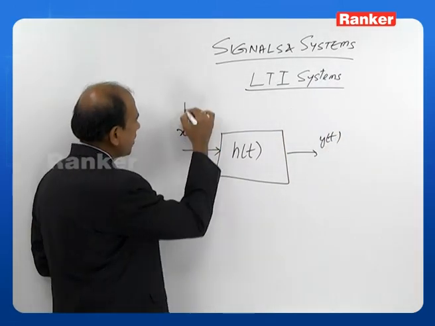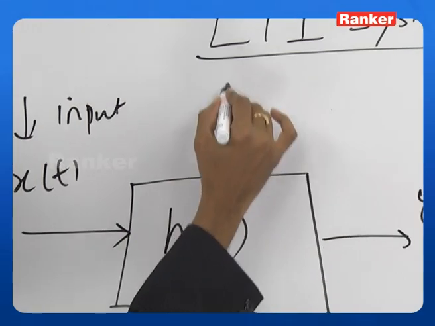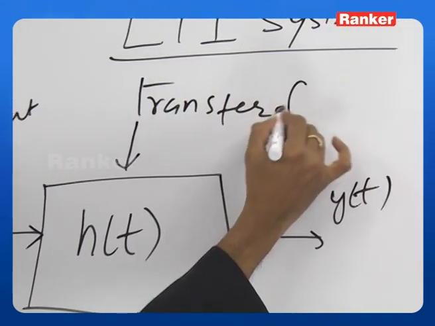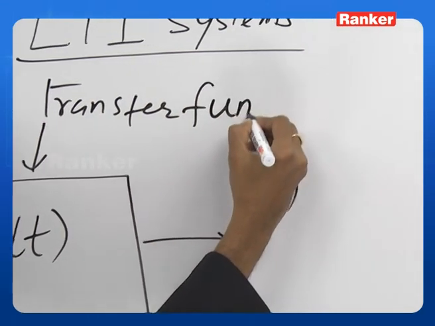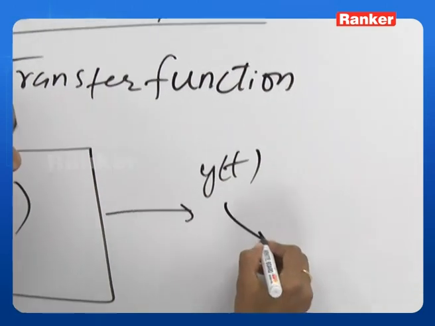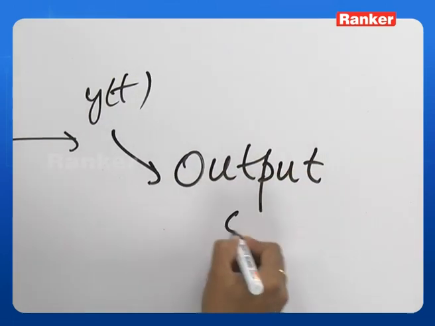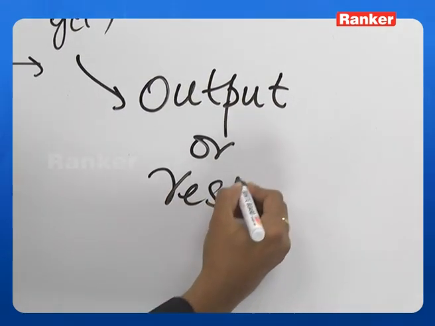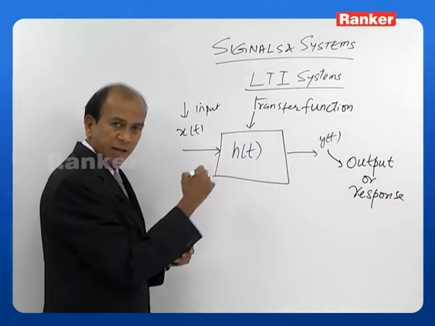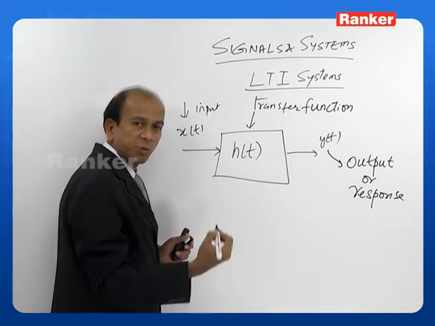So, this is my input, this is my transfer function, and this is my output, or it is also called the response. Okay. So, these are the terminologies which we are using. Then how do I get the output? What is the response of such a system?